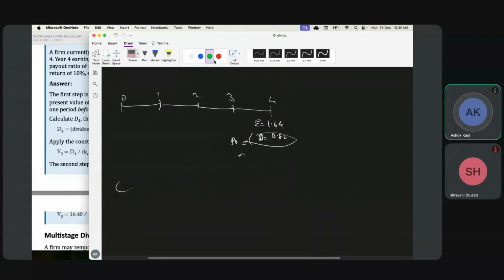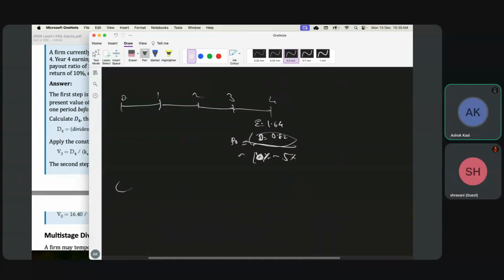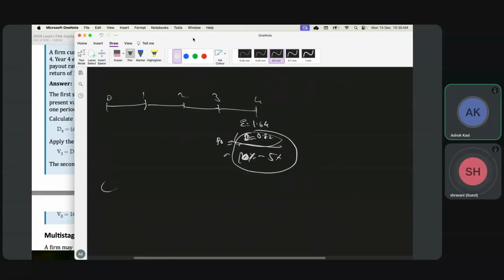R minus G I am supposed to take in the formula, right? R is 10%, minus growth, which is 5%. Now you calculate. 0.82 is the dividend. 0.82 divided by 10% minus 5%, which is 5%. So 0.82 divided by 0.05 is 16.40. Sorry, yes, 16.40. And that you discount now, divided by 1 plus 10% raised to 3.